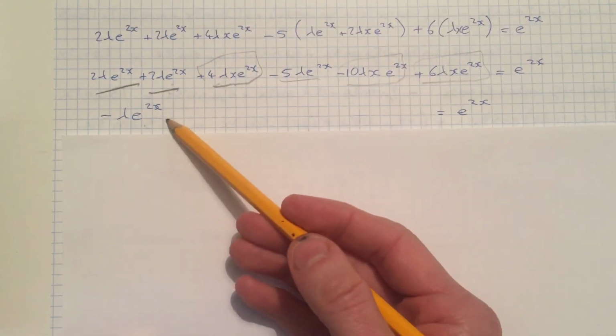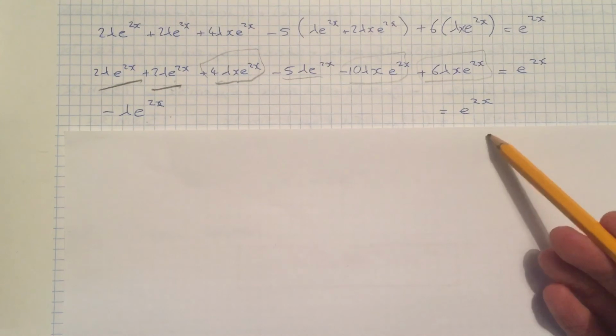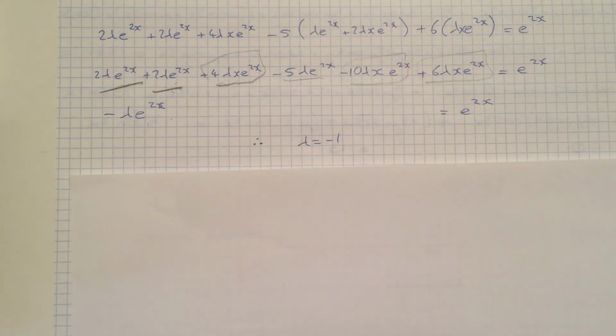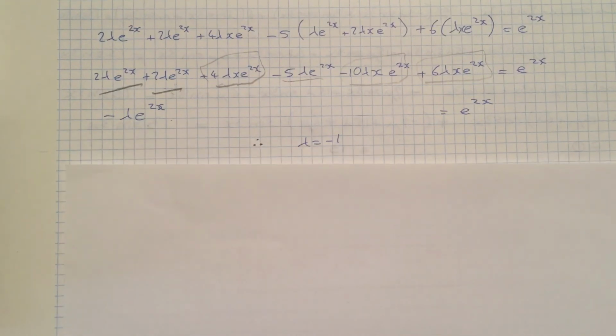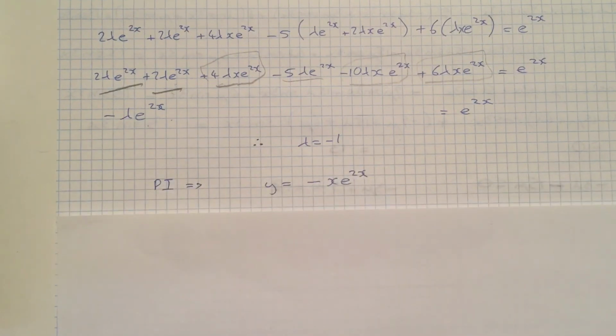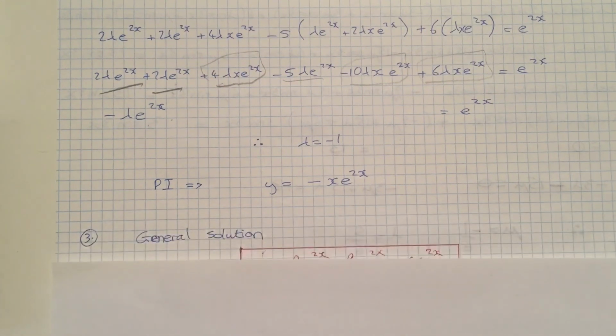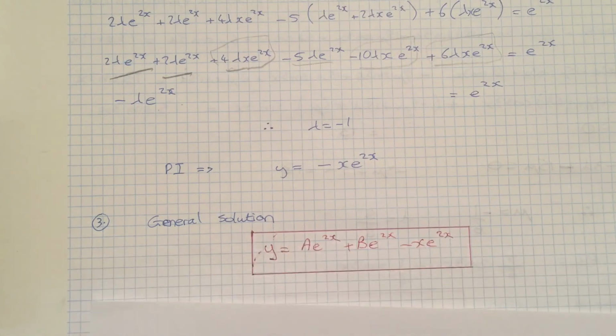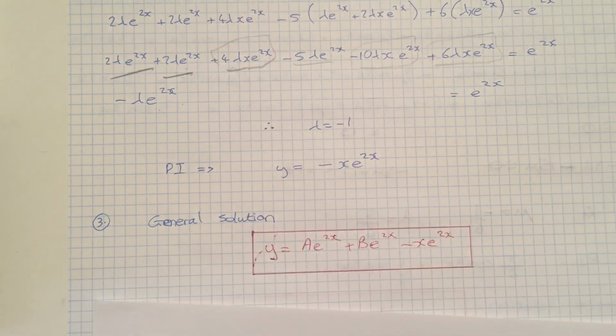So I'm just left with this equals e to the 2x. So therefore, I know that lambda is going to have to be minus 1. Now I know my particular integral. So now I can do the final step in getting the general solution, where I know that it will be my complementary function that I worked out before, plus my particular integral.